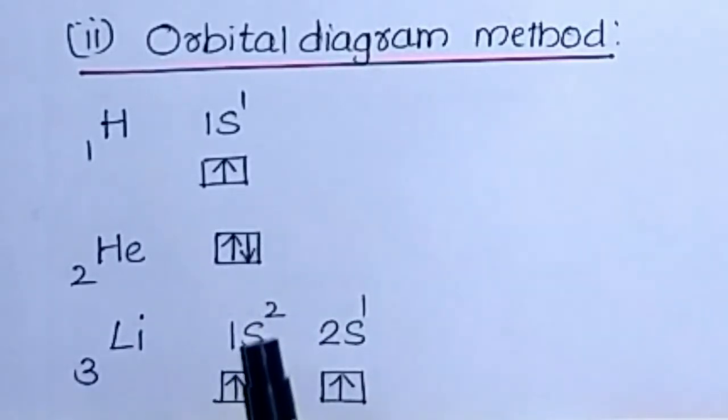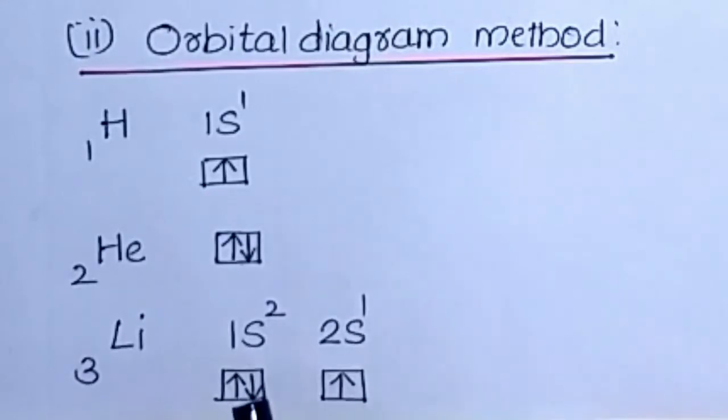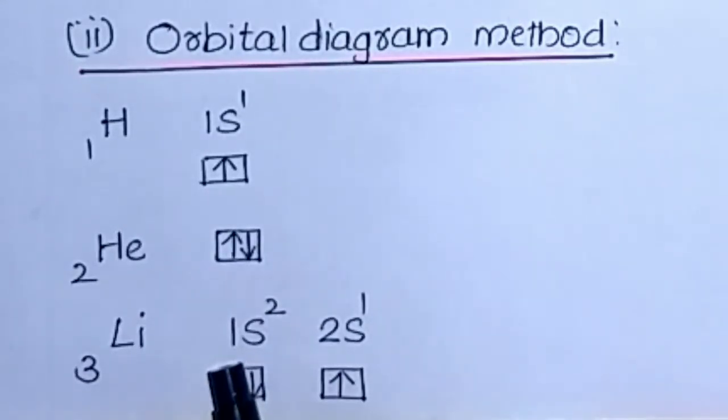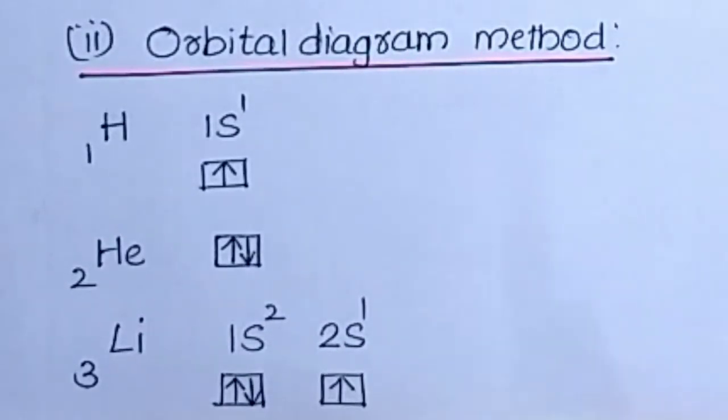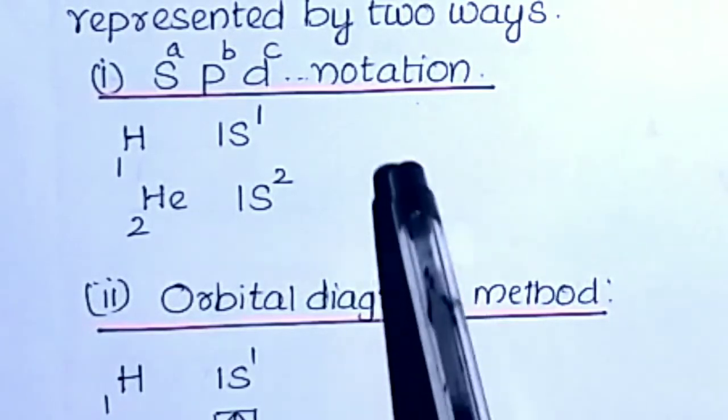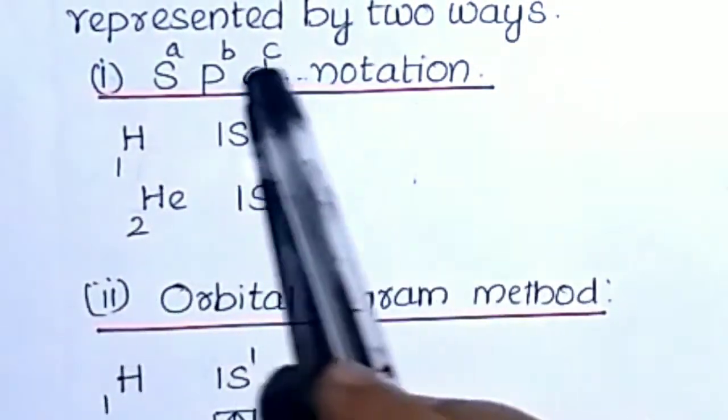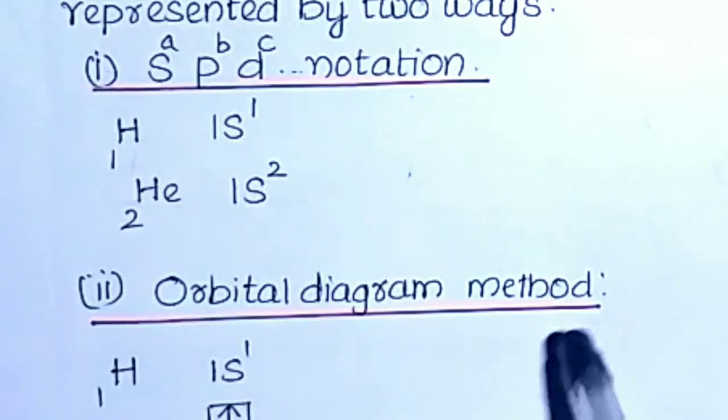One box has 2 electrons, one clockwise and the other anti-clockwise. For 2s1, 1 electron, this is in the clockwise direction. So there are two types of electronic configuration representation: SPDF notation and the orbital diagram method.